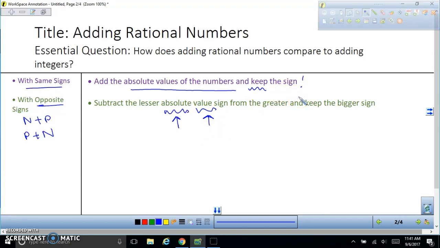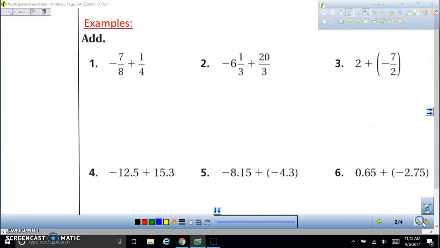So you're going to subtract the lesser absolute value from the greater, and you're going to keep the sign of the bigger, the one that's further from 0. Further from 0 is what determines which one's the bigger one. All right, let's get started with our examples.